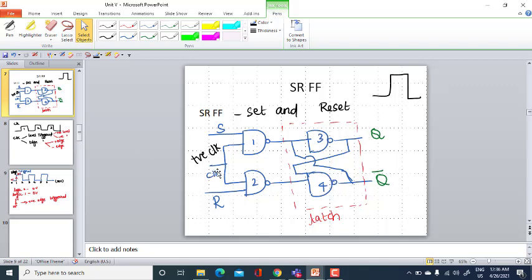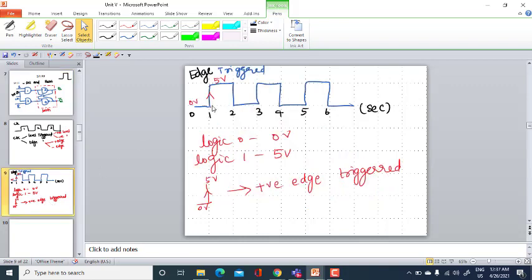Meaning whenever there is a change from 0 to 1, at that time whatever is the input of your SR flip-flop, that will be taken into consideration and your flip-flop will respond only during that period. Okay, only during that period. Meaning positive edge triggered means whenever you have a change from 0 to 1, okay, high.